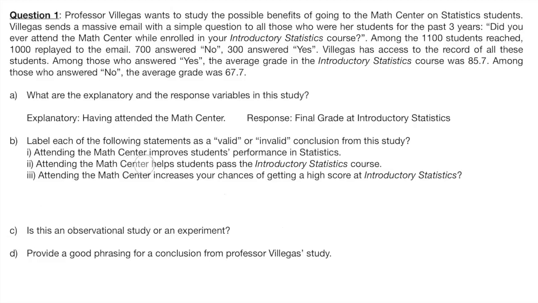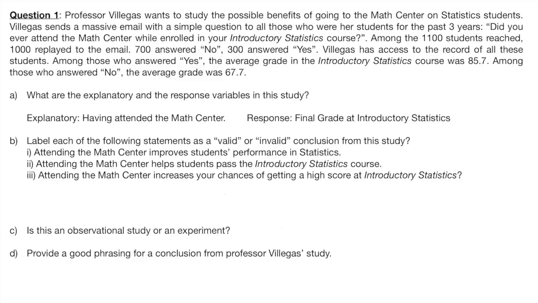Attending the math center helps students pass the introductory statistics course. Here we are saying that it just helps. Attending the math center increases your chances of getting a high score at introductory statistics. Here we say that if you attend the math center, you are more likely to pass. Well, here is the thing.